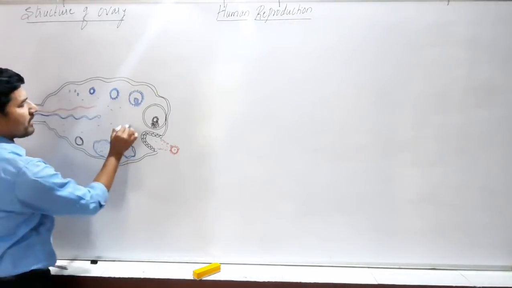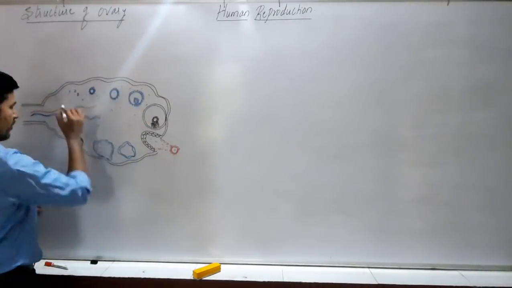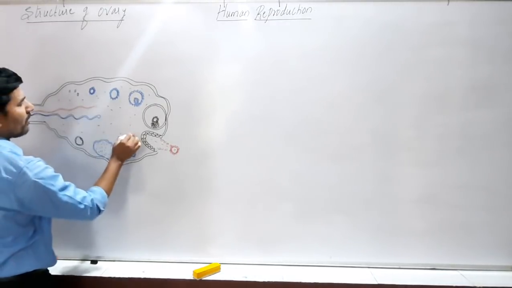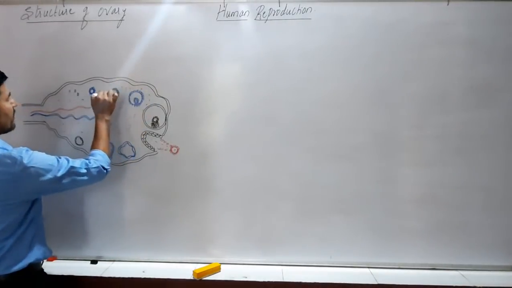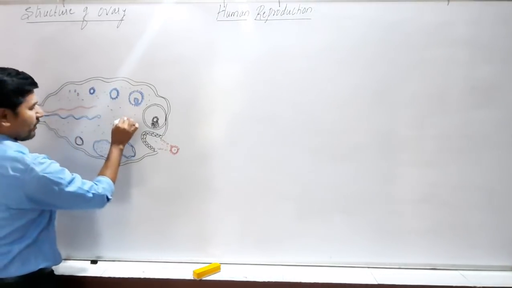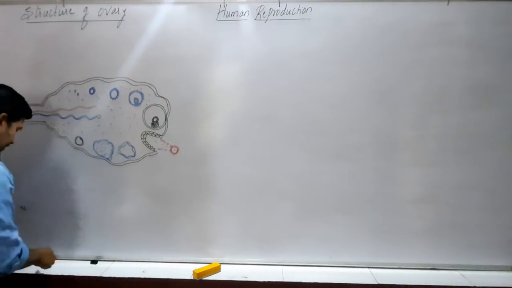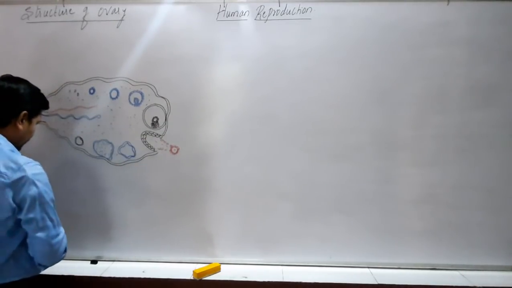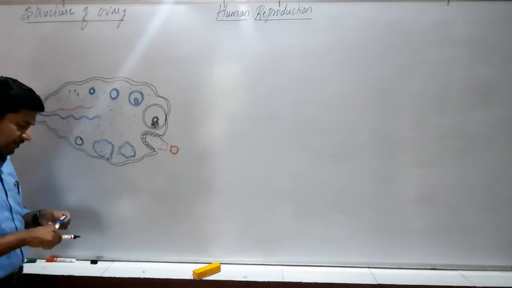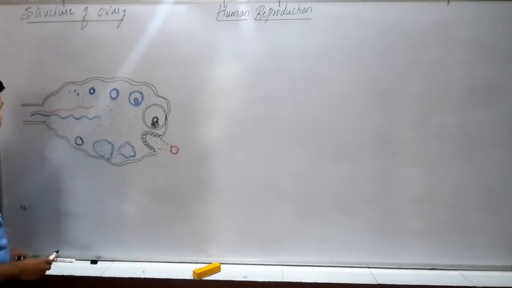Okay, now here if we look at the transverse section of the human ovary, it appears in this way. So we find all these structures in the transverse section of the human ovary. Now let us look at the structures of this. In the human ovary, as we look across it, it has different parts.